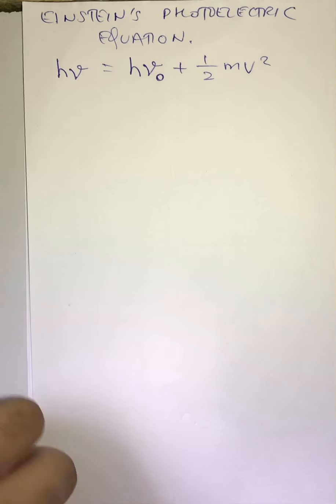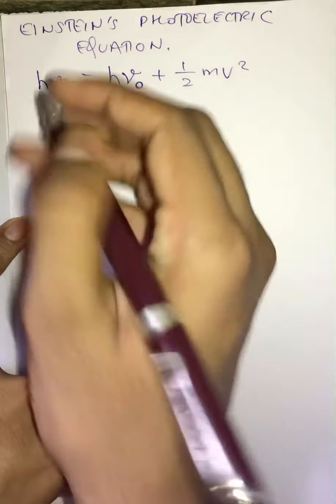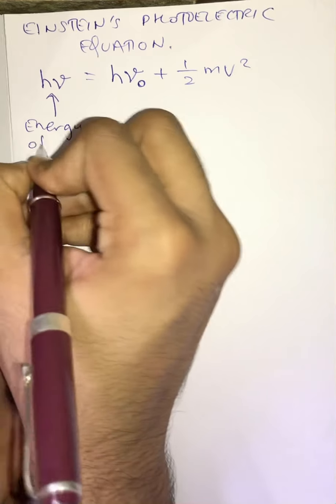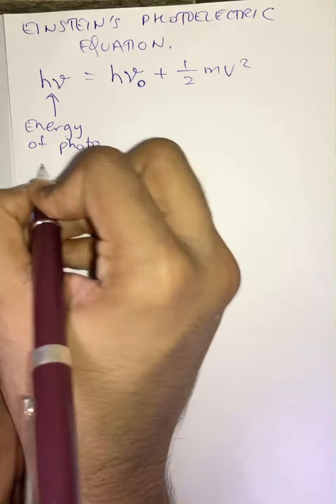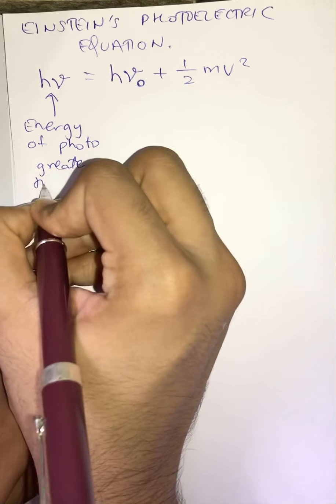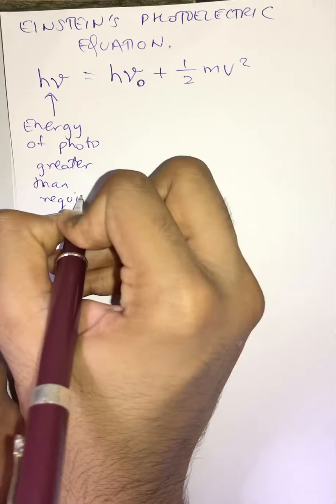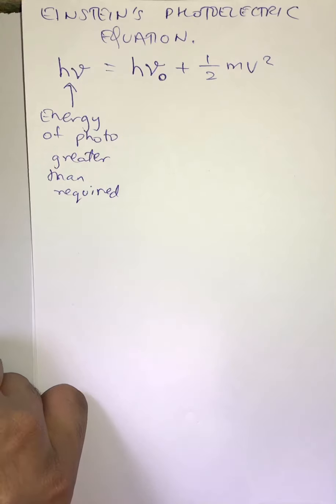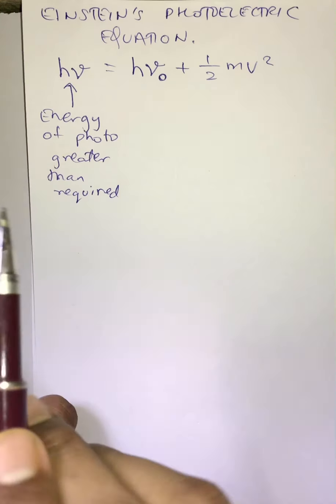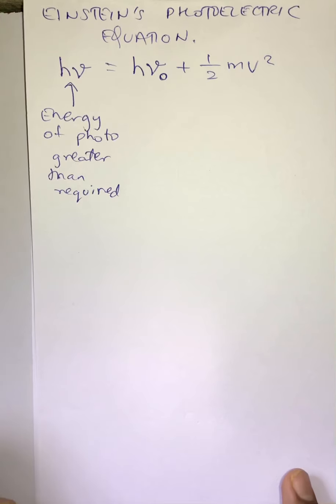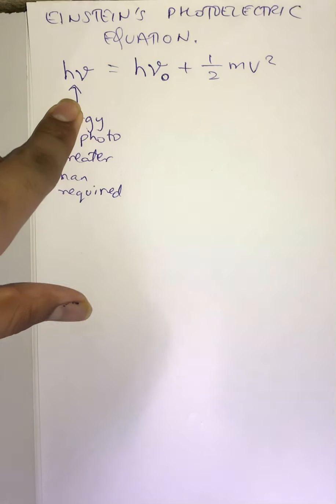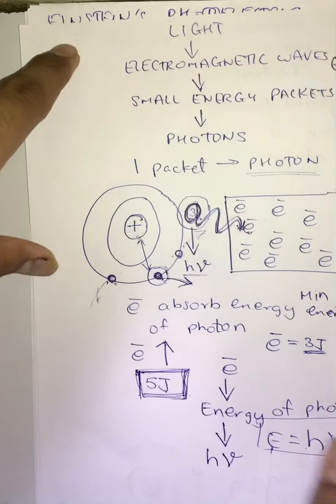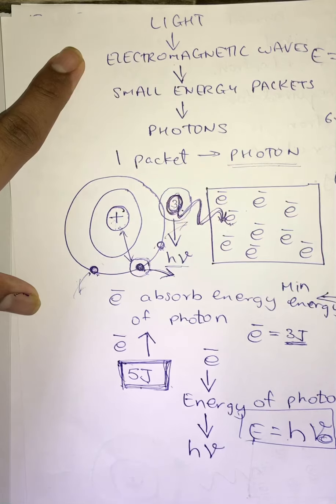Now what Einstein said is that this is the energy of photon greater than required, which means that if you incident a photon whose energy is more than the required energy, as we have seen earlier in the example we have taken, our electron requires a minimum of 5 joules of energy.